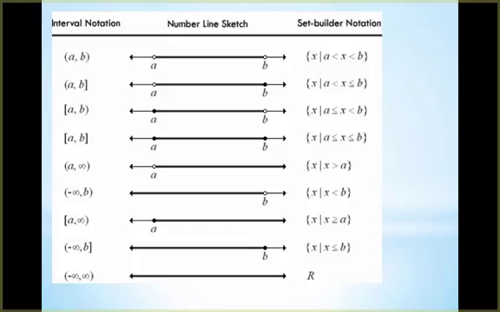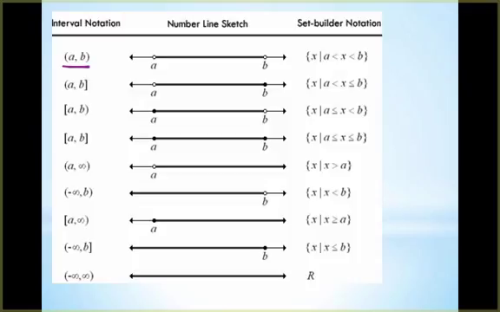We need to take a moment and just talk about what we call open and closed intervals. Here are different types of notation. When we have the notation A comma B with parentheses on both ends, what that means is that the first number is the starting point of your interval. The second number is the ending point of your interval.